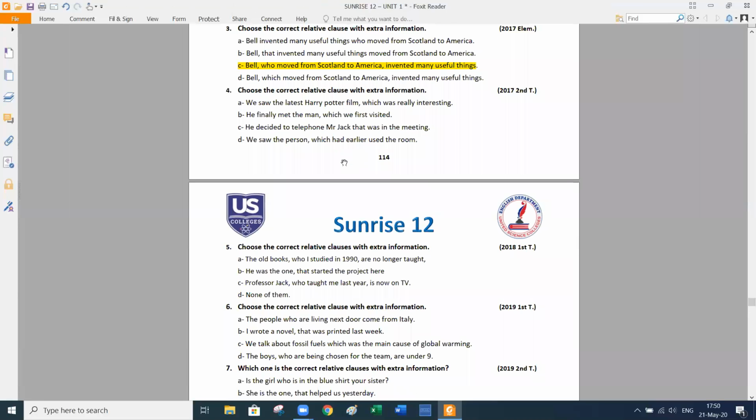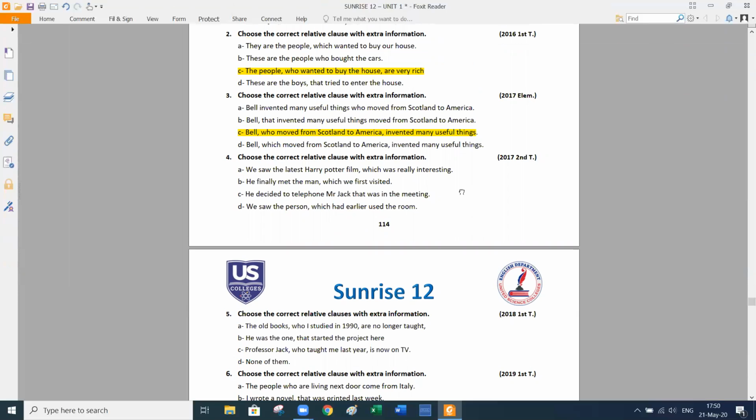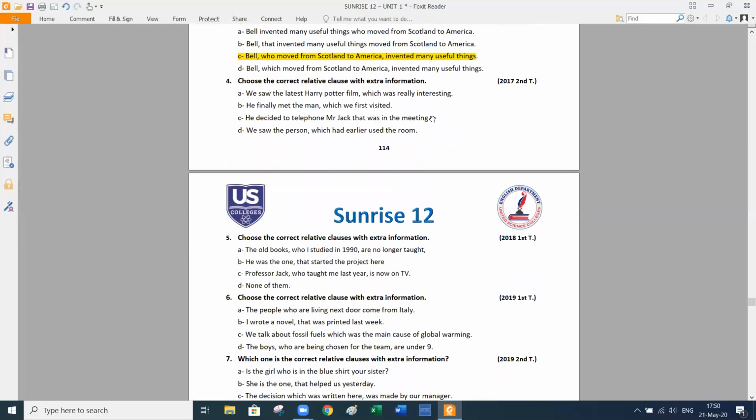And question 4, choose the correct relative clause with extra information. Again, a similar question. Again, we are looking for a sentence, a relative clause with extra information. A: We saw the last Harry Potter film, comma, which was really interesting. Yes, we saw the last Harry Potter film.